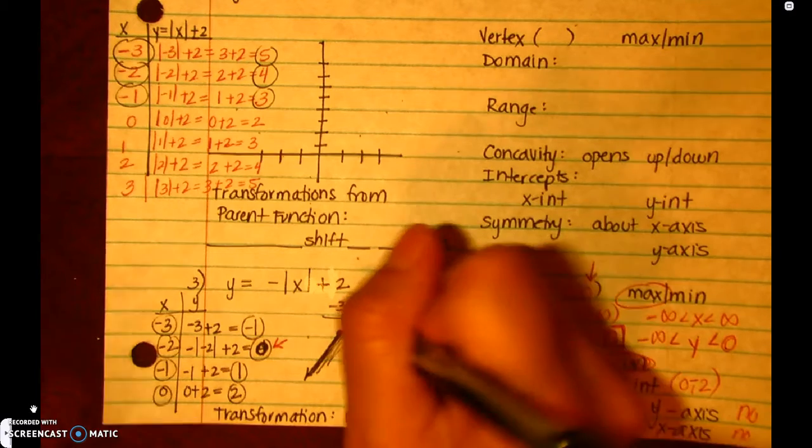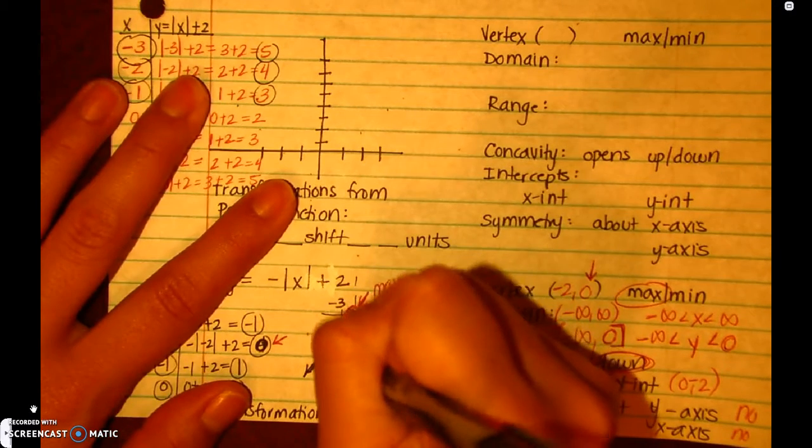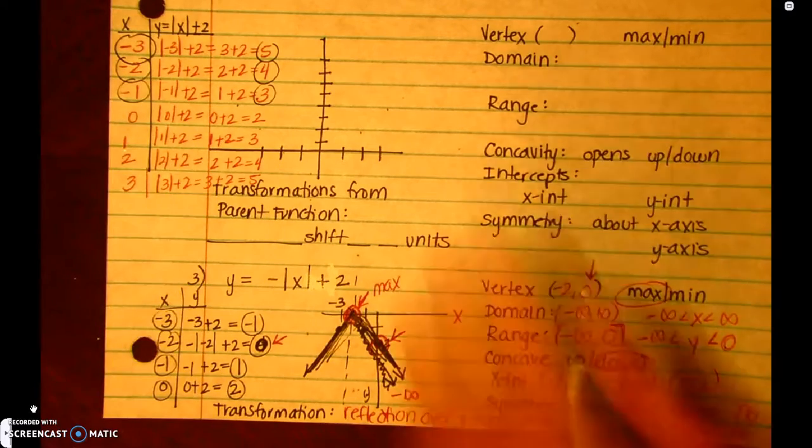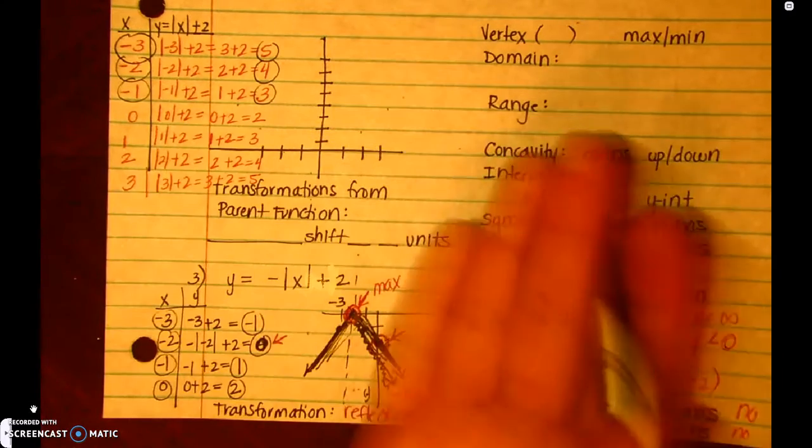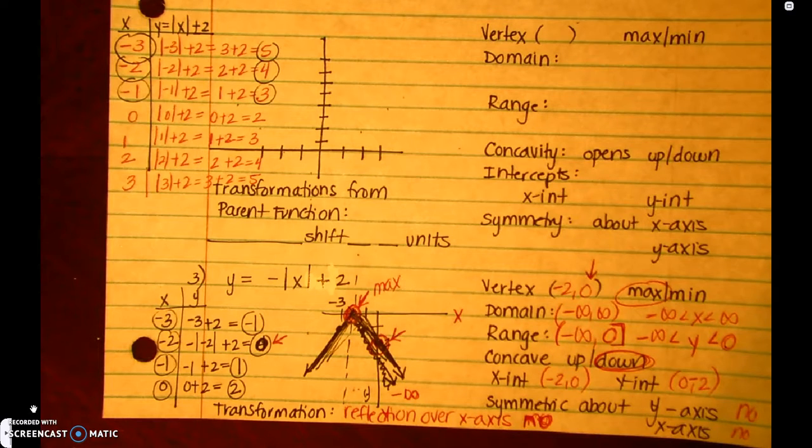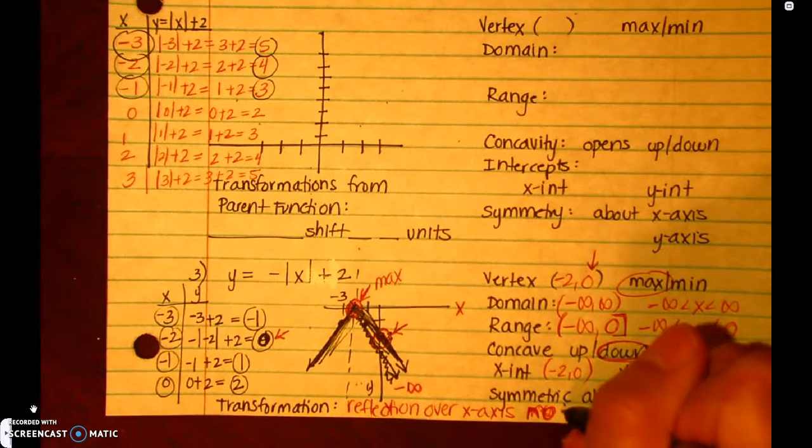So if it was cut straight through the vertex, then yes, it would be symmetric about the vertex, or if that was the y-axis in this case, then it would be symmetric, but it's not. So there's no symmetry about the y-axis, and there's definitely no symmetry about the x-axis. So it is not symmetric.